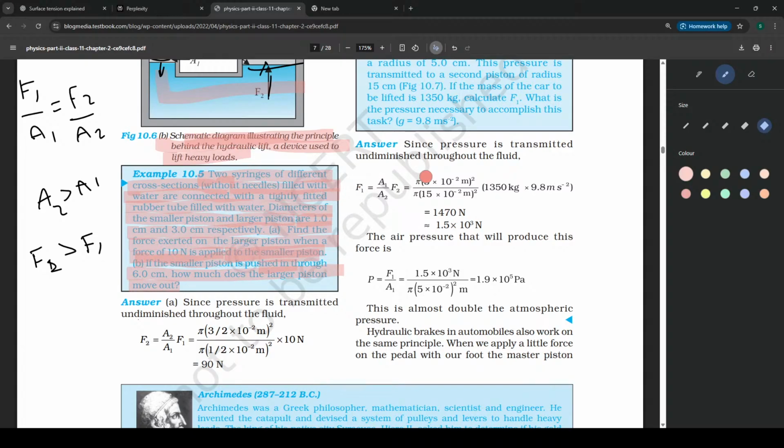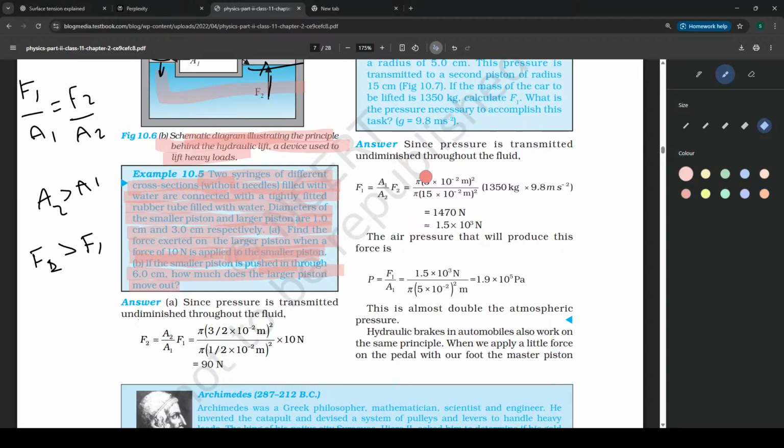Okay, they are saying that there are two syringes and they are of different cross sections. They do not have needles, and they are connected with a tightly fitted rubber tube, and this rubber tube has water. Diameters of the smaller piston and larger piston are 1 and 3 centimeters respectively.